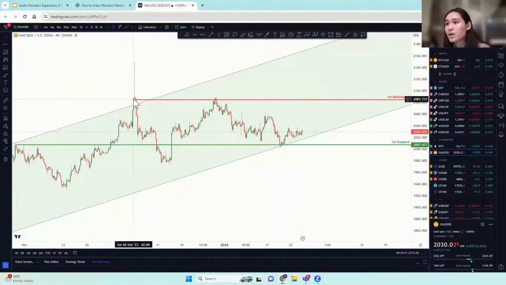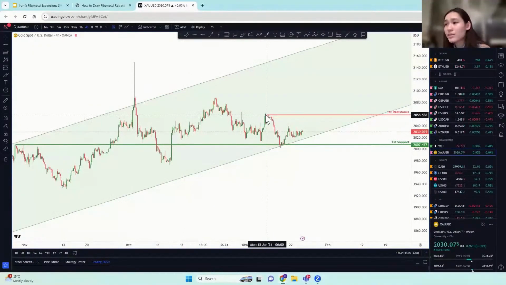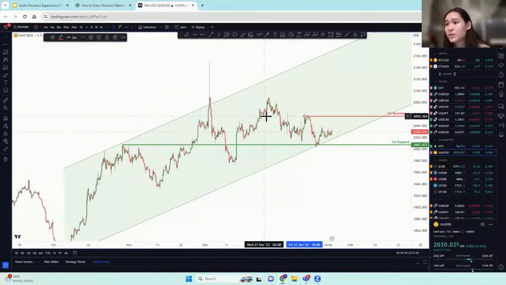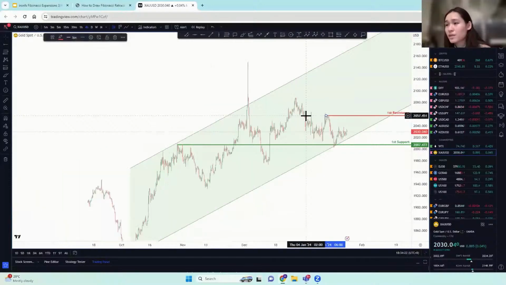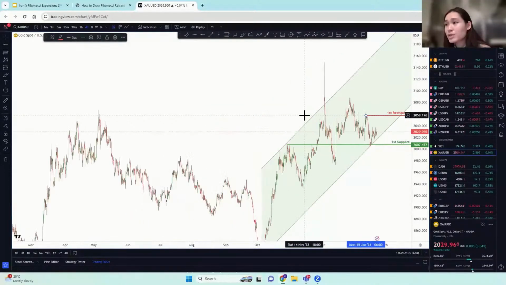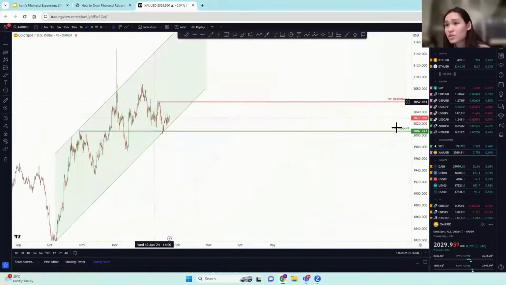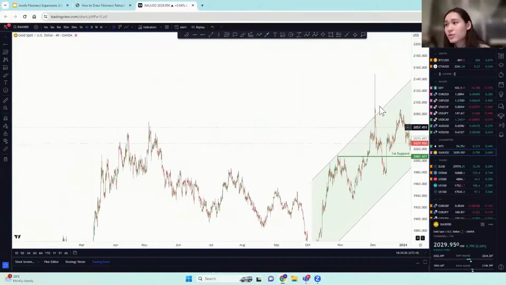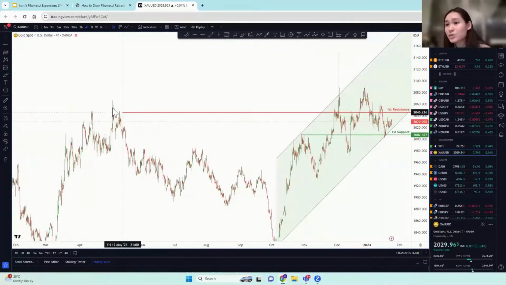On our 4-hour time frame, our first resistance would be a little bit closer to where price is at, which is over here. And you want to try and pull it back as far as you can, just to see if you can spot any significant levels.